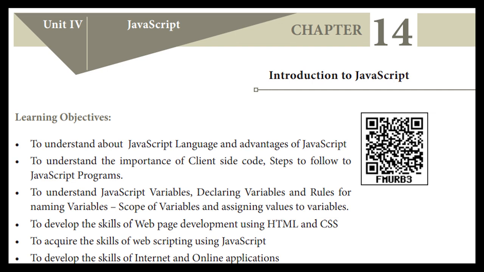For OR, if either one is true, the result will be true. For NOT, if the given expression is true, the result will be false. If the given expression is false, the result will be true. So it has some rules for AND, OR, NOT. These are the logical operators. And also you'll be seeing one example for JavaScript using these logical operators.